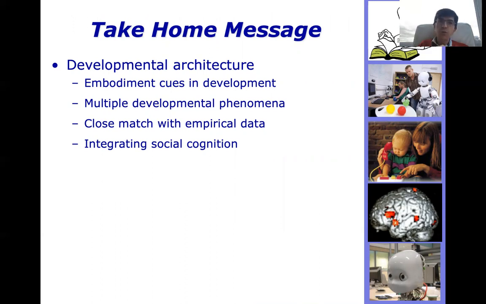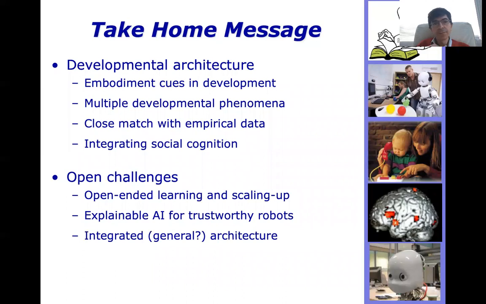In some cases, we can do a very nice match with empirical data from child psychology, including predicting what children will do in a future experiment. And we integrate linguistic skills or abstract knowledge skills with social cognition. We have experiments where the robot uses theory of mind to decide whom to learn a word from. In the sense that if you have a bad, untrustworthy teacher, you wouldn't update your representation of the lexicon.